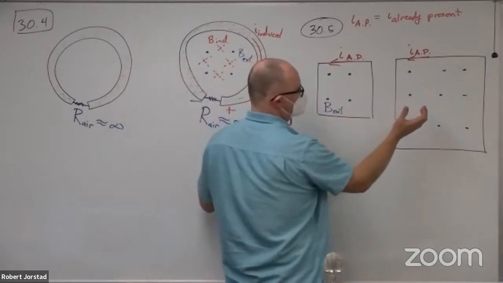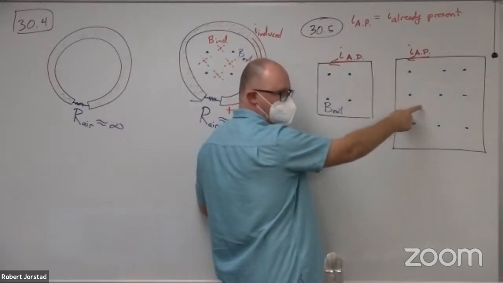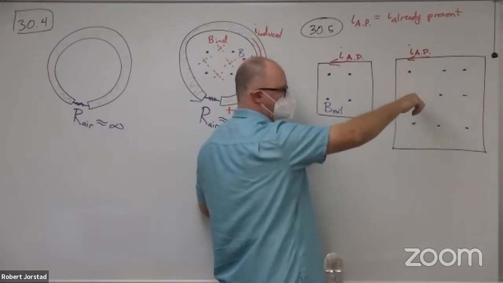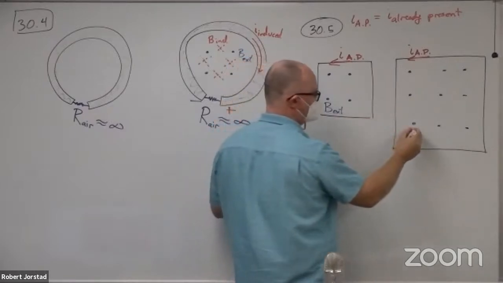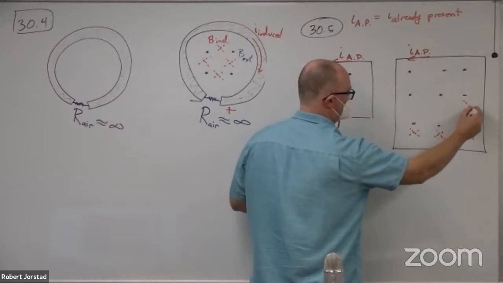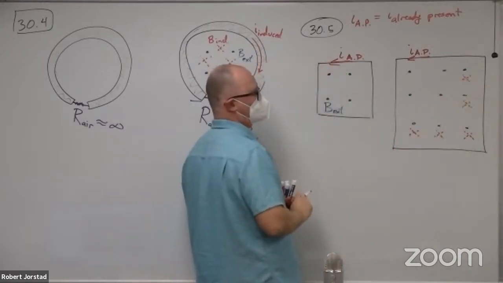Let's see. No. We've added field out of the page, haven't we? So don't we need to create a field into the page to cancel this out? What direction is the induced current then?